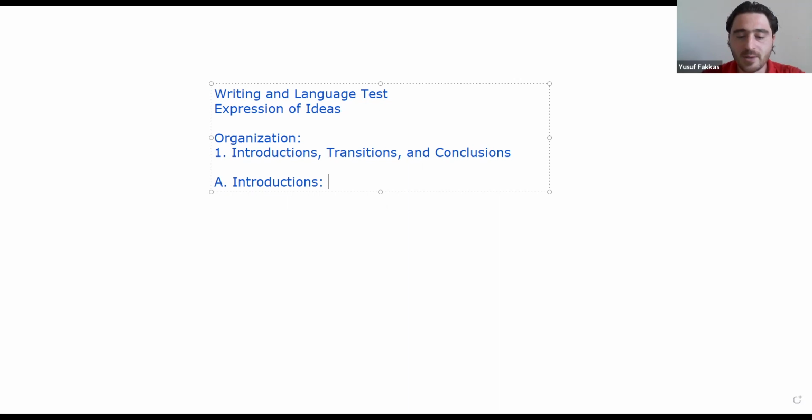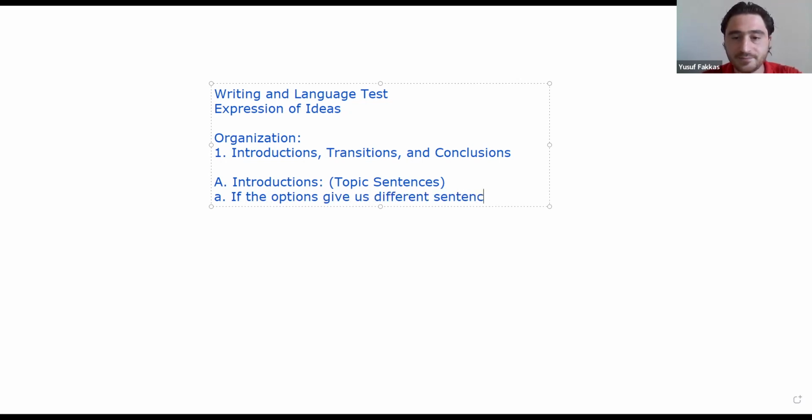So when we talk about topic sentences here, we already talked about them last time, okay? We said we have actually two situations. The first one, if the options A, B, C, and D give us different sentences, which means different ideas, what did we agree to do?